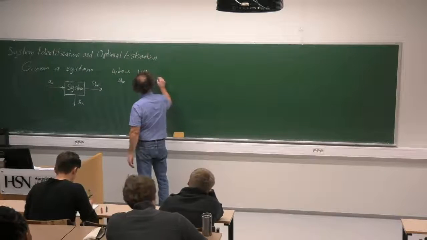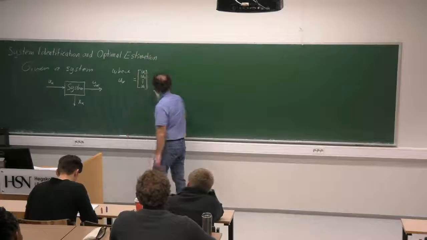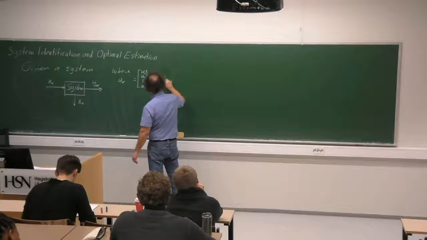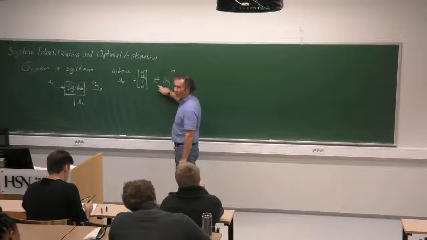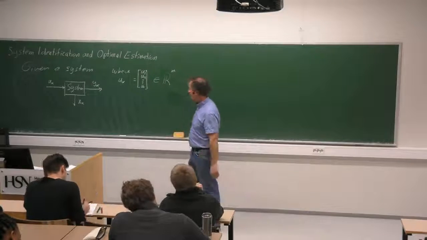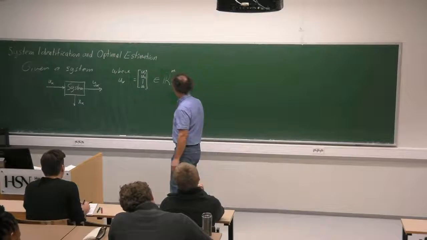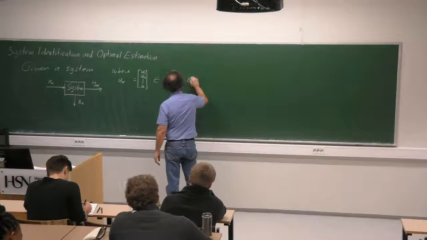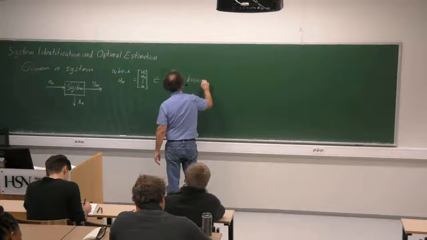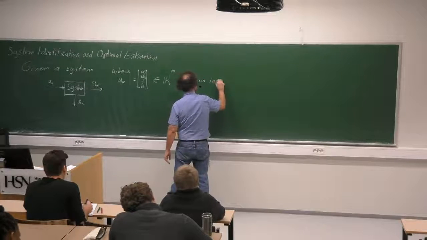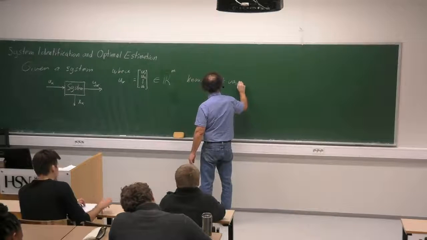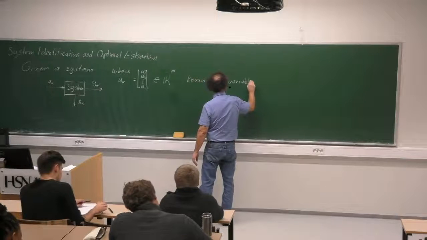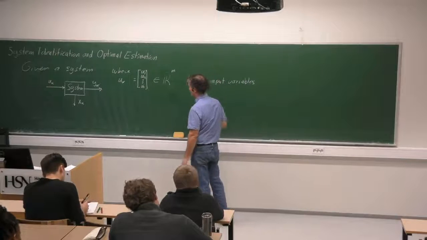This is formally defined as an element of the real numbers of dimension R. This is a formal way of defining a vector. So these are known input variables at discrete time k.